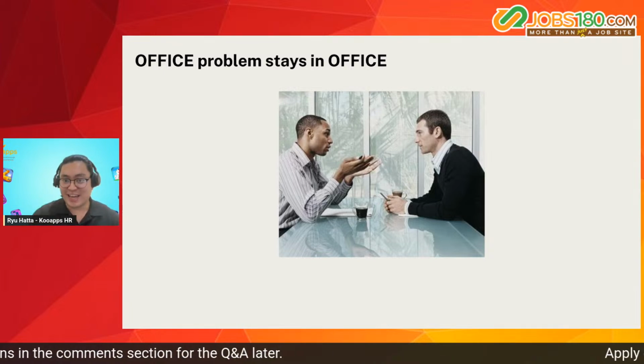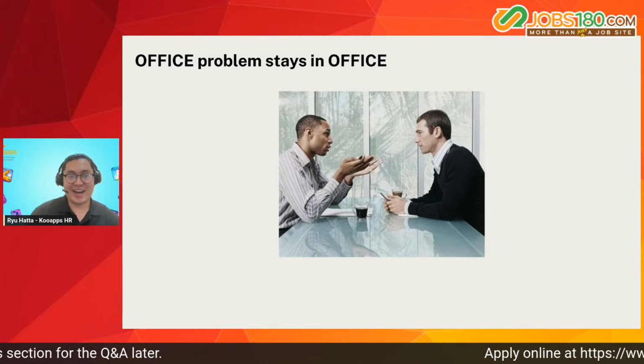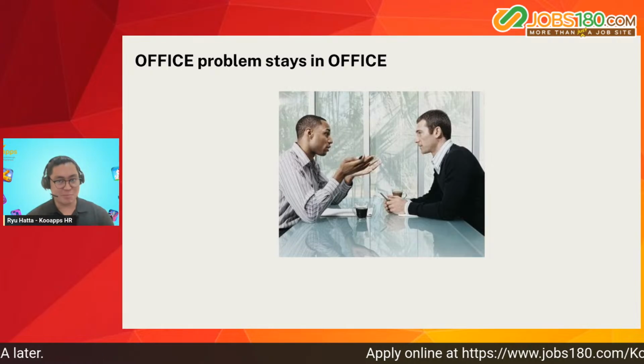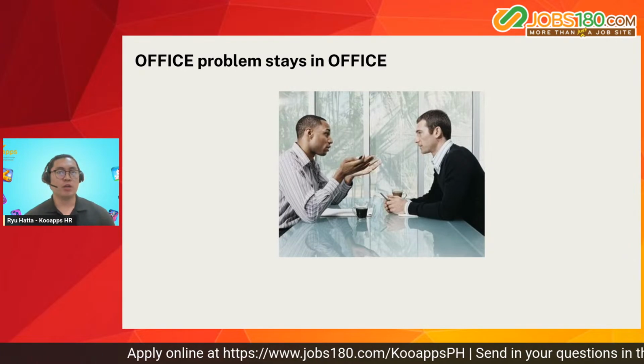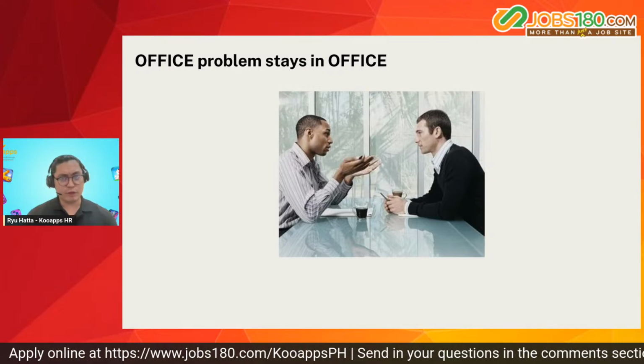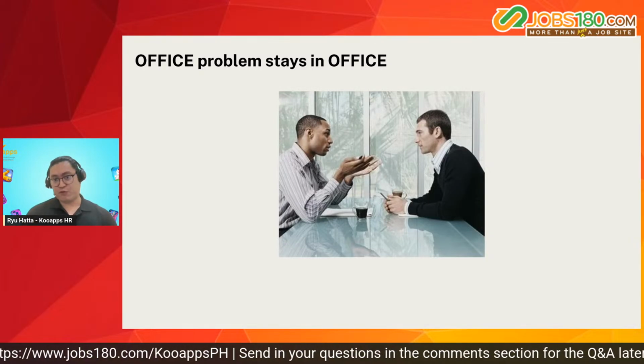And, okay, this one is quite tempting. Office problems stay in the office. Okay, guys? Yes, it is very understandable that once you have a problem, you want to immediately share it with someone, your family, your friends, or even your partner. And that's perfectly fine.